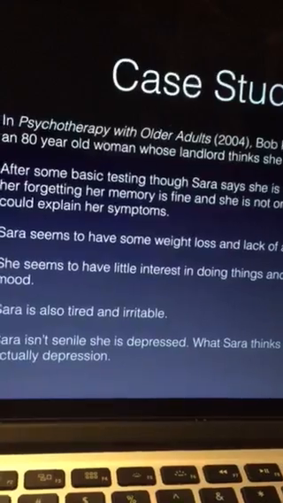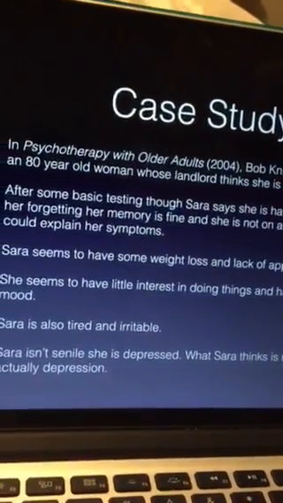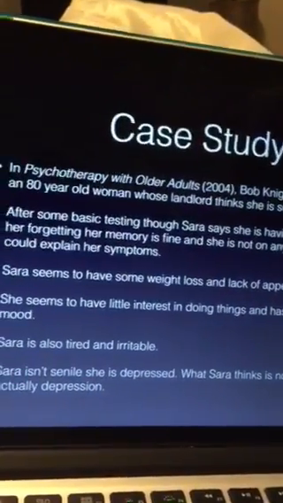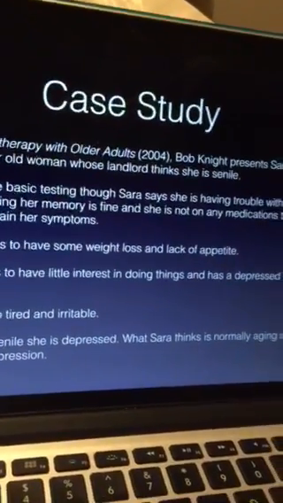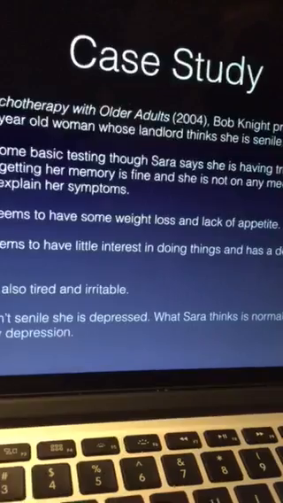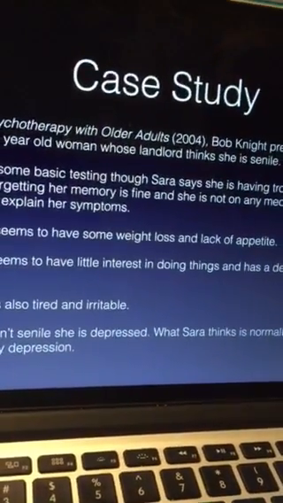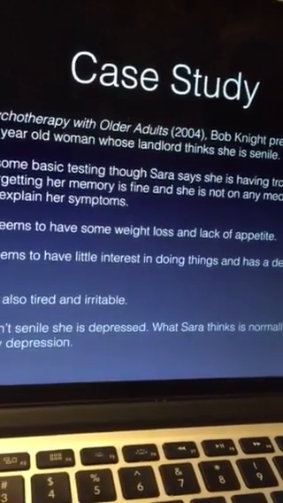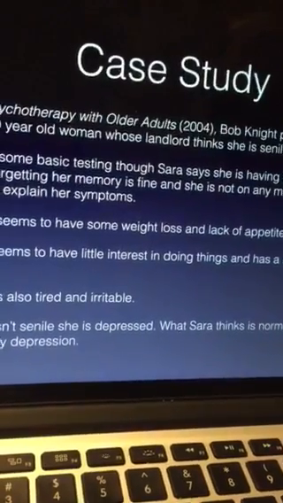For a case study, I talked about one that Bob Knight wrote about in our textbook. He presented Sarah, an 80-year-old woman whose landlord is saying that she's senile. Sarah herself says that she's been having trouble with her memory and that she's sleepy, and she might look a little bit thinner. The therapist notices that she's irritable and seems to have some weight loss and lack of appetite.